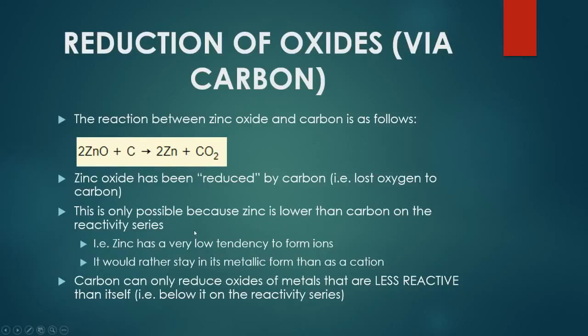And remember, zinc being a metal of fairly low reactivity suggests that zinc would much prefer to be in the elemental form rather than the ionic form, because it has a fairly low tendency to form ions. So that shows that because carbon is higher on the reactivity series than zinc, it has the capability to reduce zinc oxide. If we were to narrow it down into simple terms, carbon can only reduce the oxides of metals that are less reactive than itself, or below it on the reactivity series.